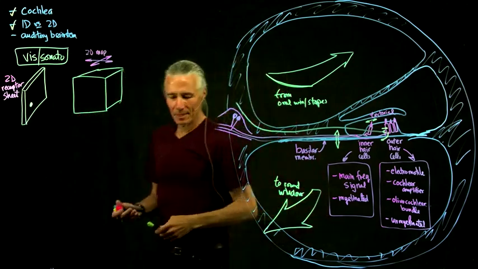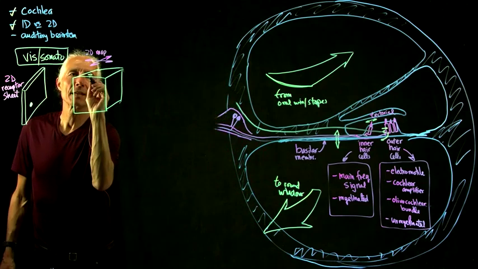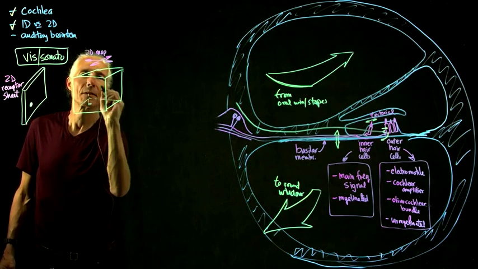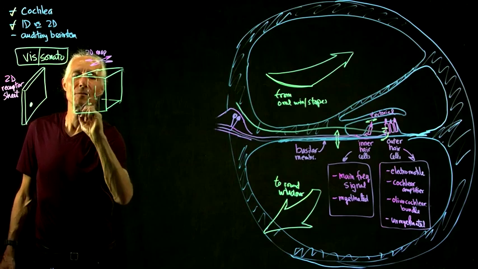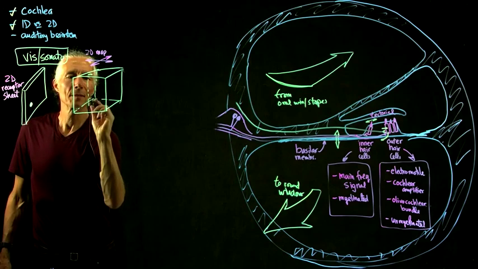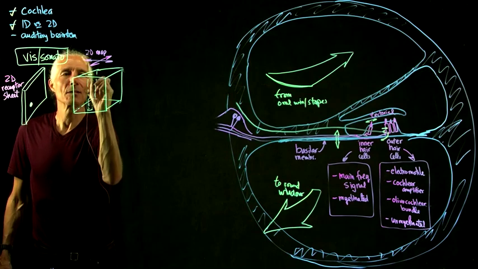And so a point in the retina will basically project to a little tube of cells. Here's our little three-dimensional cube, and here's a little tube of cells in the geniculate, through all the different layers.